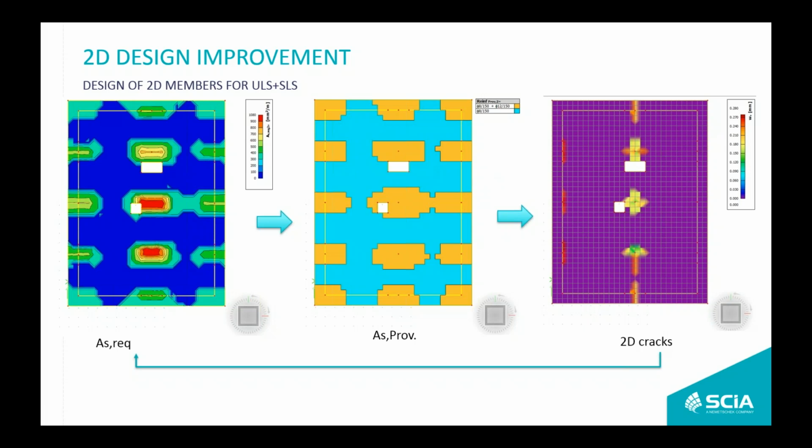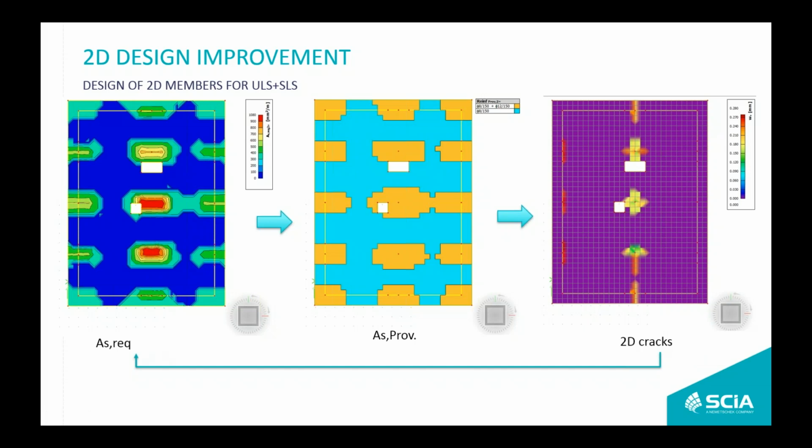When this diagram of provided reinforcement is available, you are able to run the check for crack width. And should the check for crack width be insufficient, you would be required to go again and increase the amount of provided reinforcement.